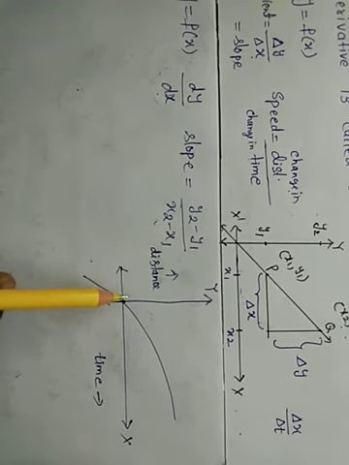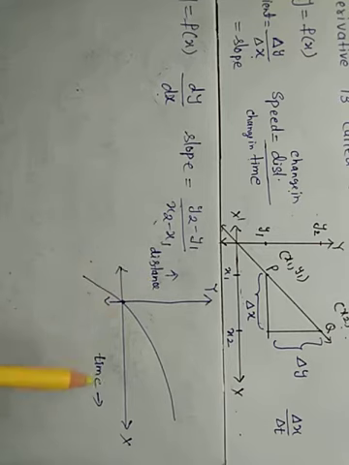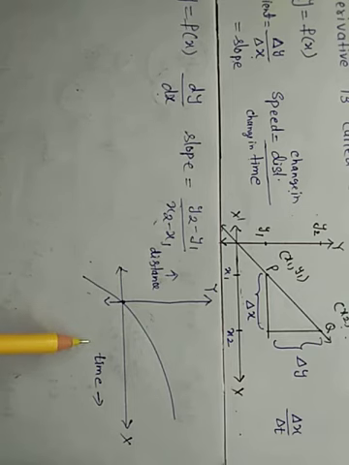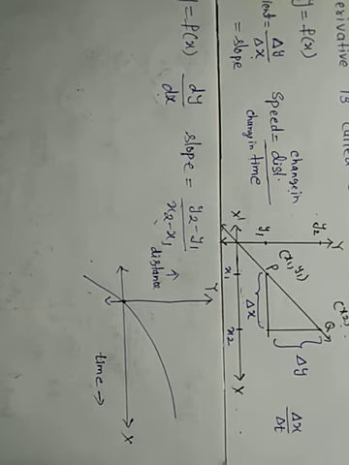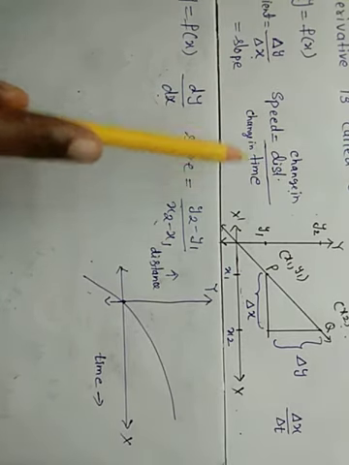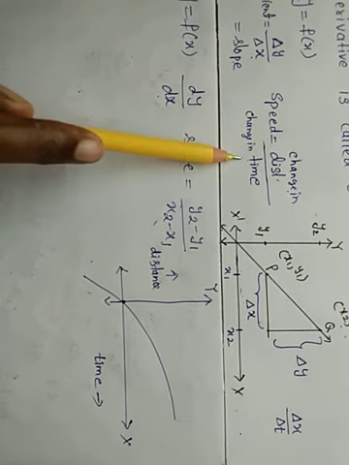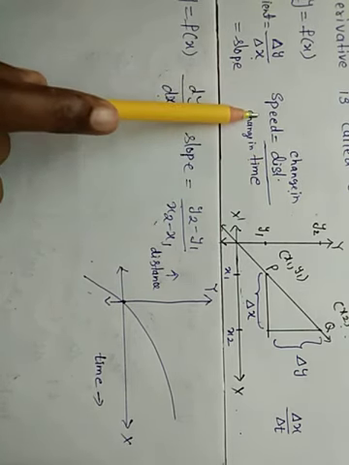Then the rate of change of distance with respect to time, if I find it over here, what will I get? It is nothing but speed. You remember? Change in distance upon change in time is called speed.